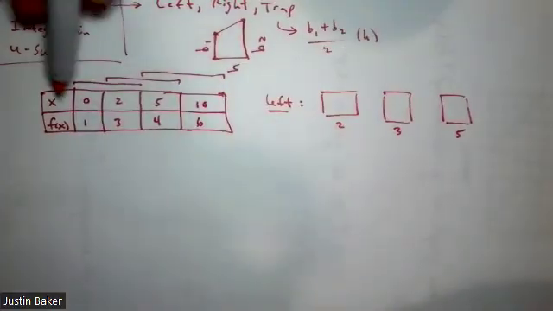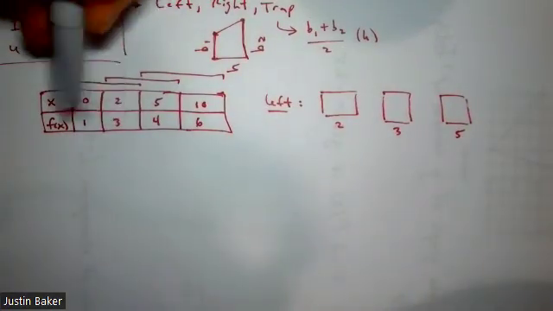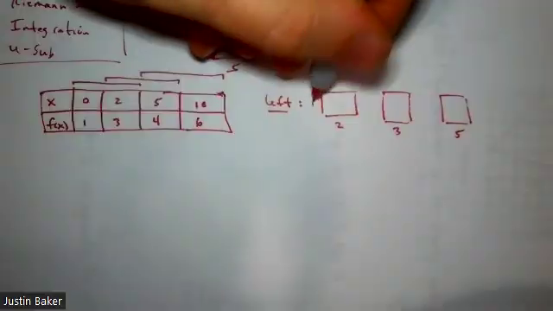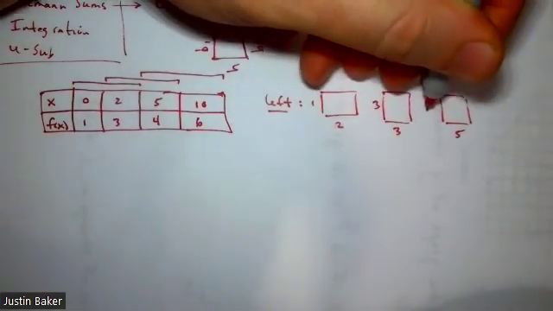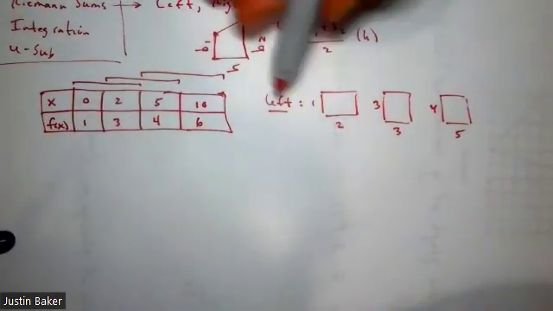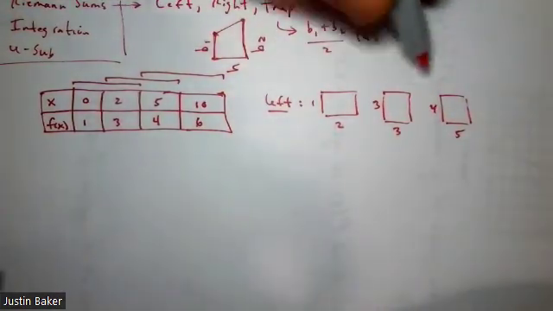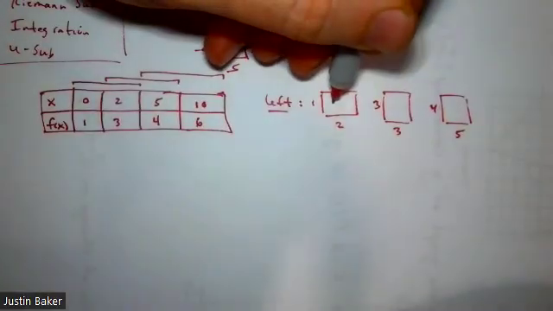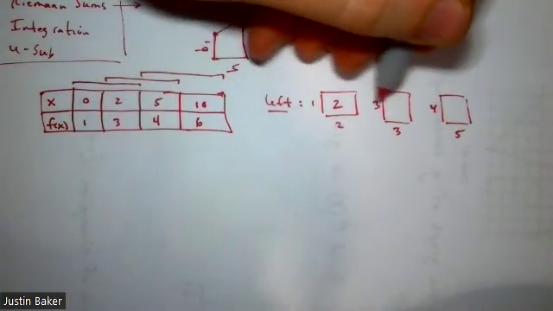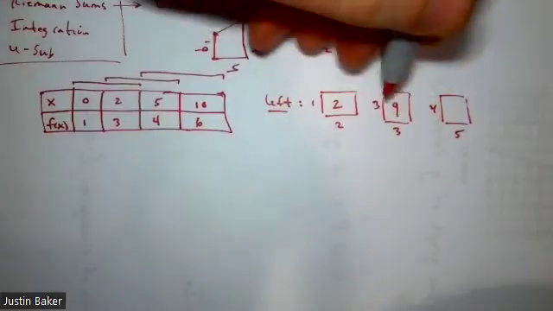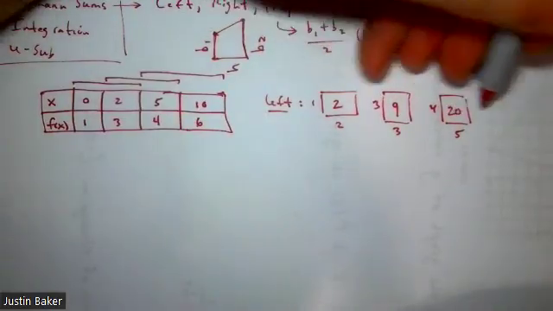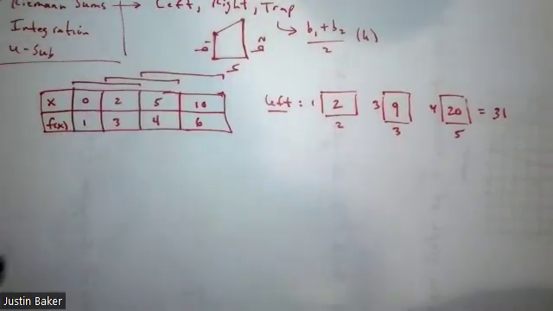And since it's a left Riemann sum, we were going to start from the left side of the table. So that's 1, 3, 4. And then we can use that to find these areas. So that is an area of 2. 3 by 3 is 9. And then that is going to be 20. And when you add these up, that would be 31.